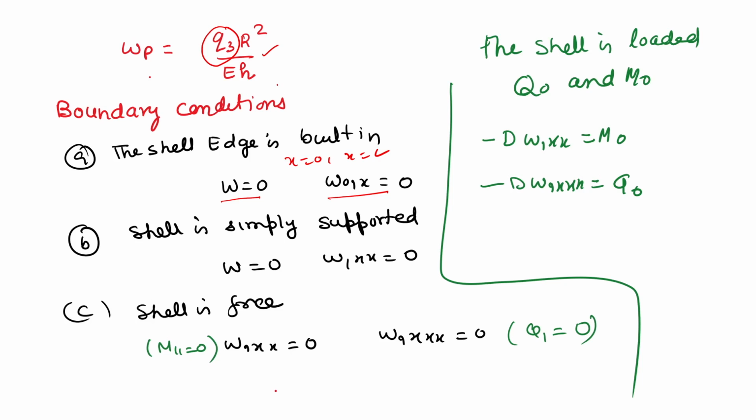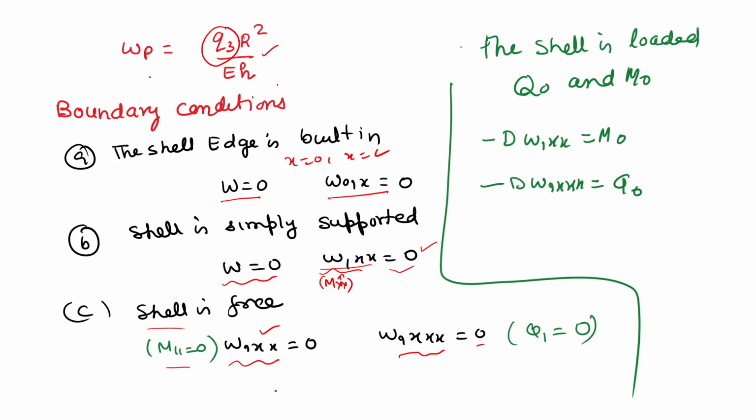Then for the case of simply supported, deflection is 0 and moment is 0. So, from the moment, ultimately the W double derivative is going to be 0. Similarly, when the shell is free, the moment and shear force are 0. So, the expression of moment gives you the double derivative of W with respect to x and the triple derivative with respect to x is 0. By following these boundary conditions, we can solve them.